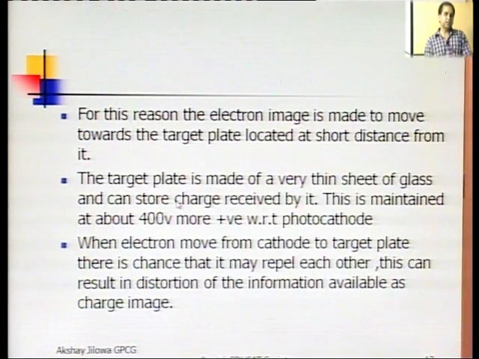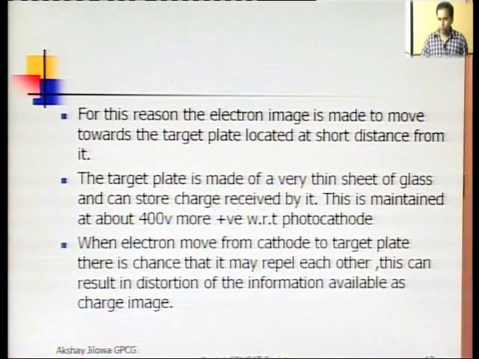The target plate is made of a very thin sheet of glass and can store charge received by it. This is maintained at about 400 volts or more positive with respect to the photocathode. As the photocathode is a conductor, it cannot store charge.